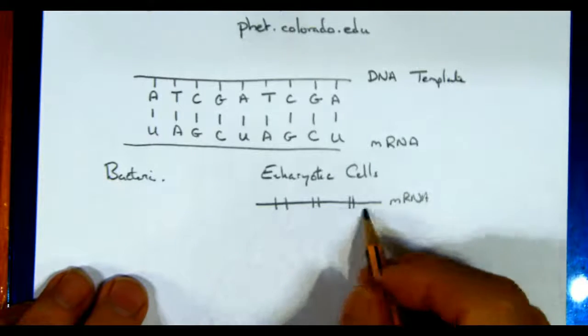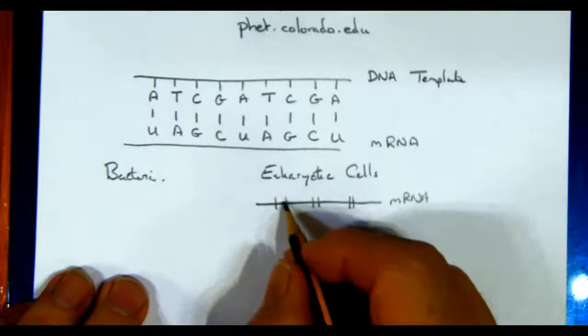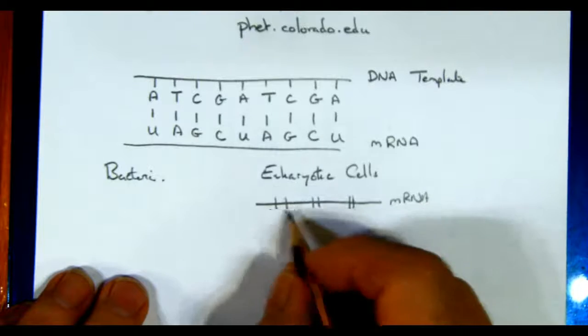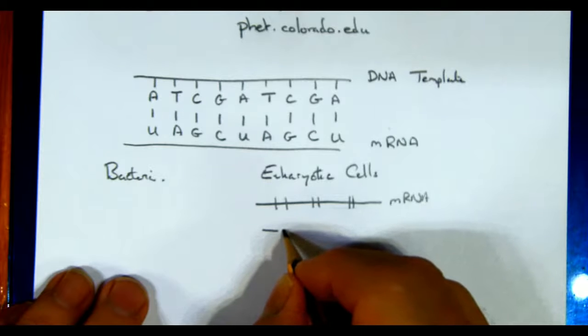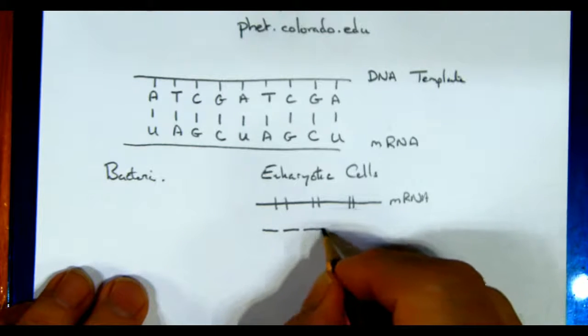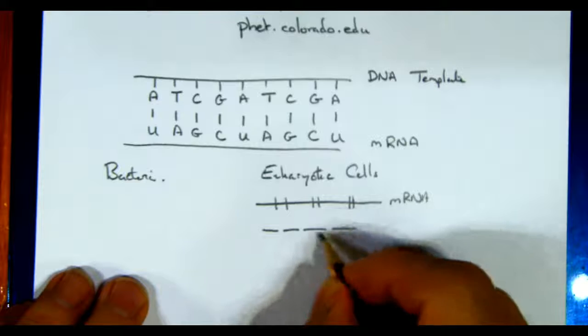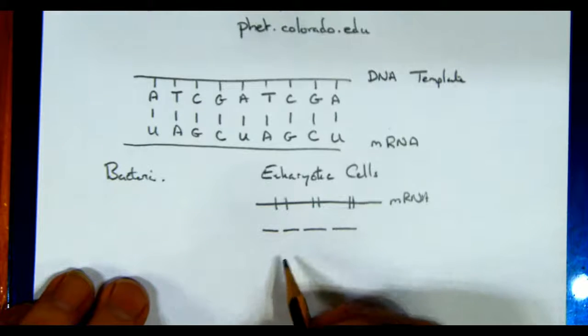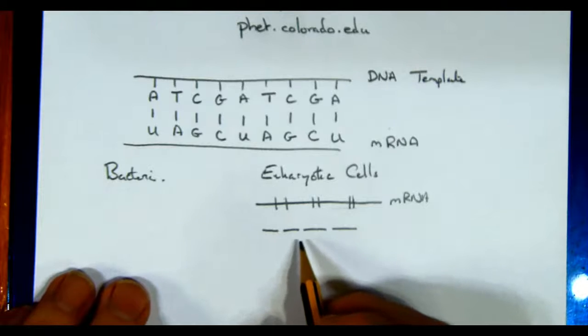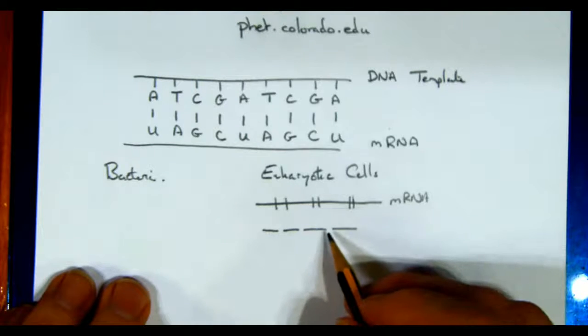Right, okay, so we can chop out bits of our mRNA, and then we can stitch them together. Now, exactly why this happens, I don't think anyone can tell you. We know it does.